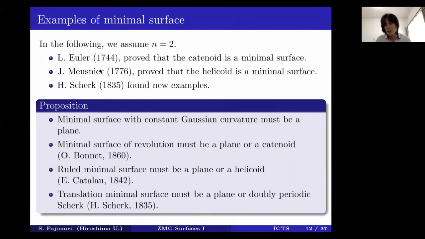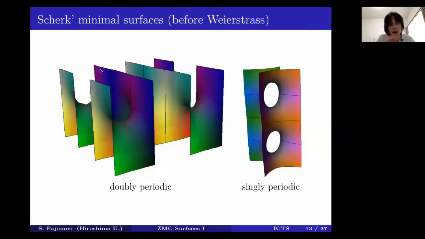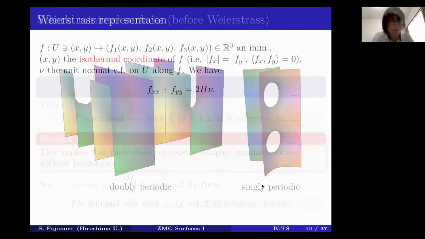So without this assumption, it's hard to find new minimal surfaces. But before going to Weierstrass, this is Scherk's doubly periodic minimal surface and Scherk's singly periodic minimal surface.